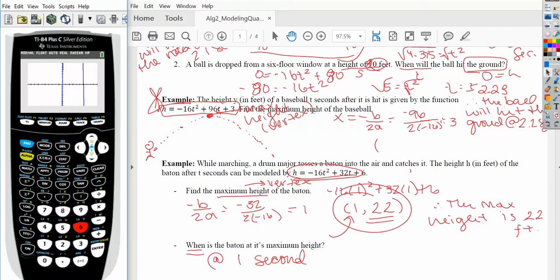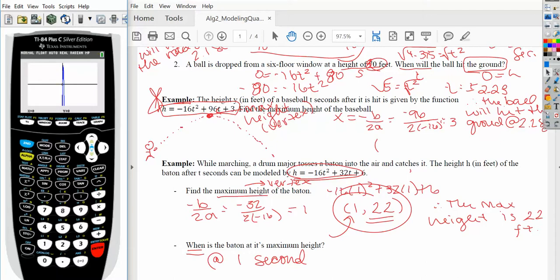I don't see it, so I'm going to hit zoom 3 to zoom out. Zoom 3, try again. And there it is. It's hard to see.